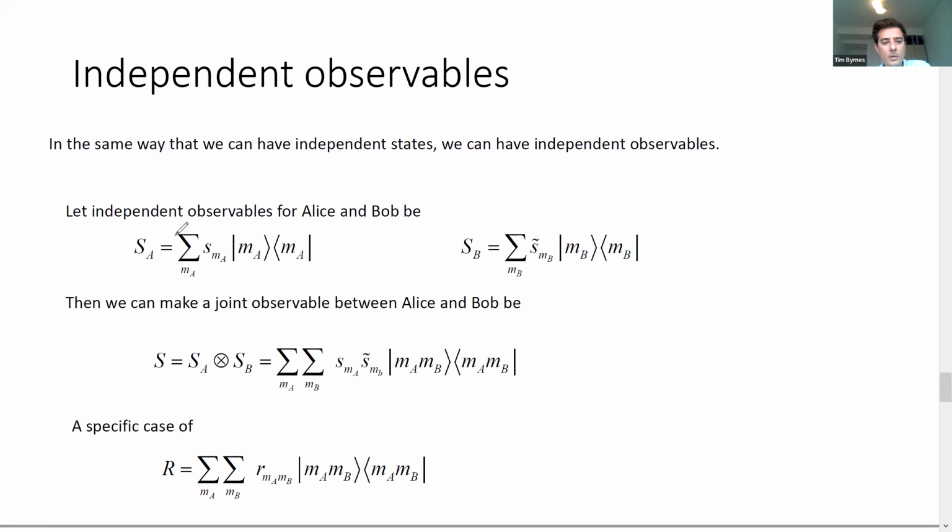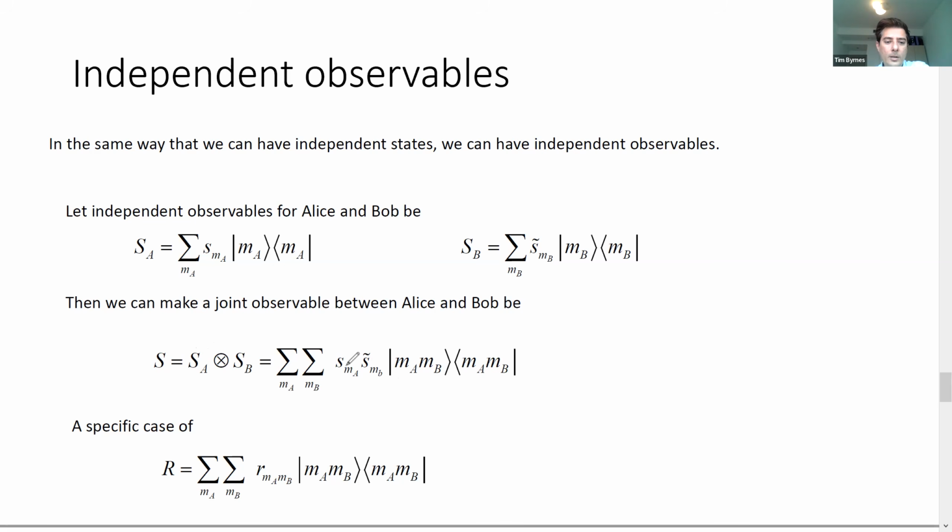So we can make a matrix that's the observable for Alice, and this is what we already encountered before. Now if Bob also has some kind of observable and measurement combination like this, he's got his observable matrix, and we can make a joint observable just by taking the tensor product of those two individual observables. For example, in the qubit case, SA would be a 2x2 matrix, SB would be a 2x2 matrix, but the combined S would be a 4x4 matrix.